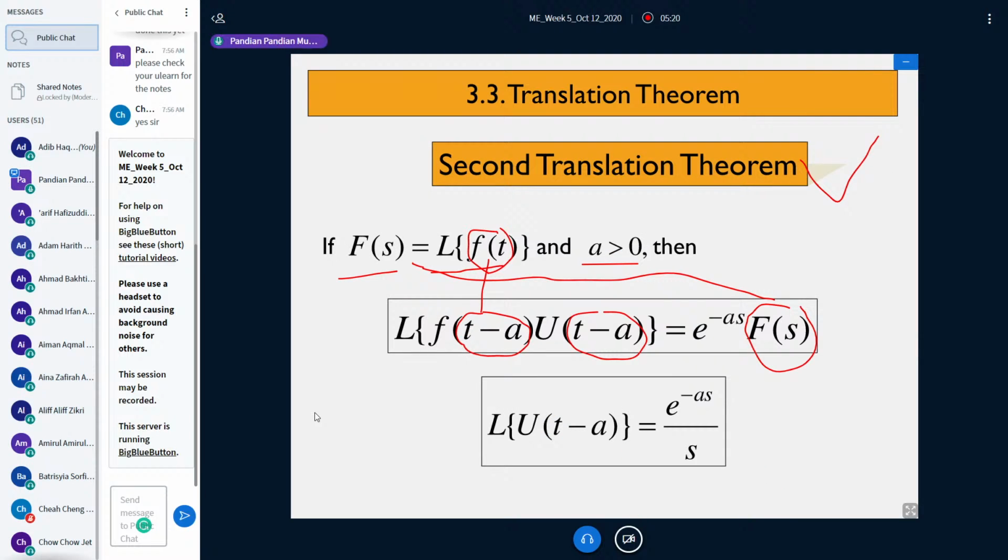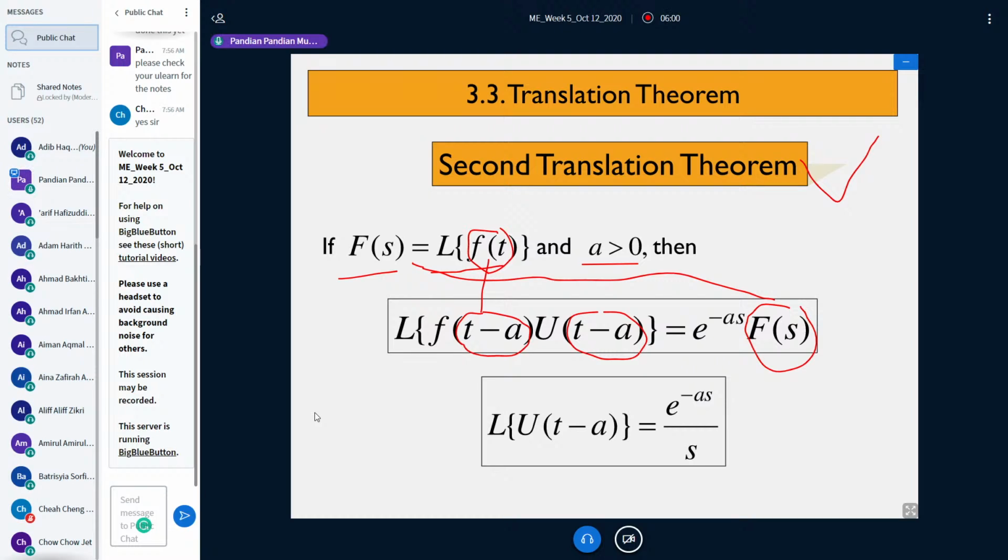If you look at the Laplace of t to the power 0, it is 1 over s, if you refer to the table in chapter 3, the formulas for Laplace, chapter 3.1.